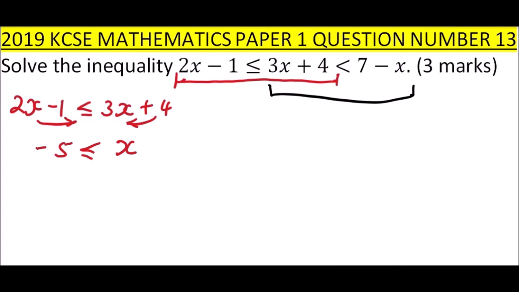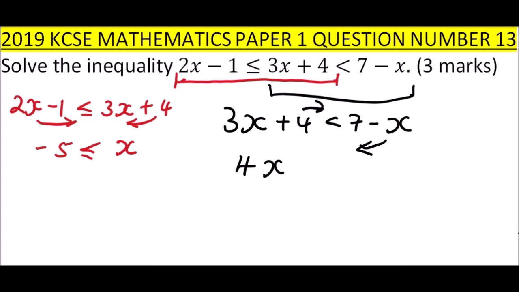Then from there we take this other two. We say this is 3x plus 4 less than 7 minus x. With this we also put the like terms together, so we bring x to this side and 4 to this other side, so x becomes positive, so you have 4x less than, when 4 goes to the other side it becomes negative, so 7 minus 4, that is 3.